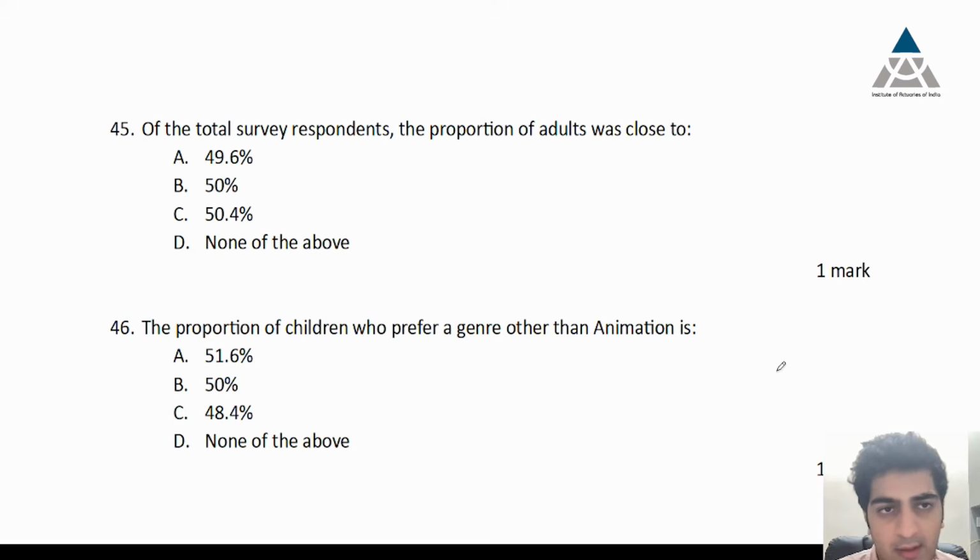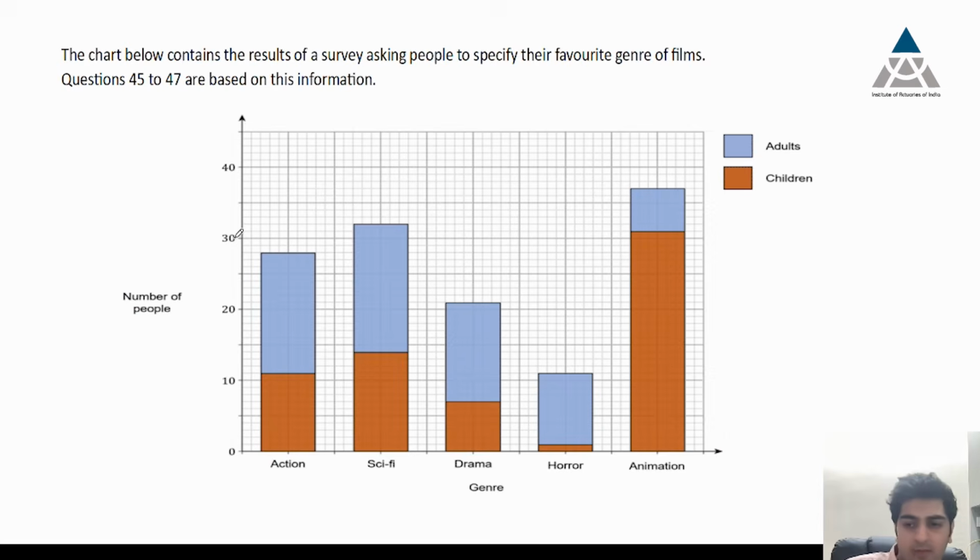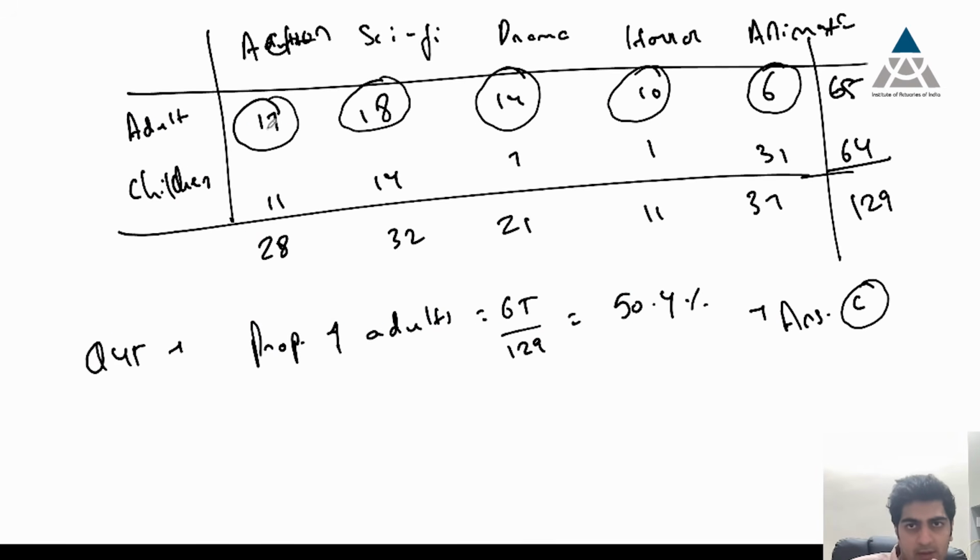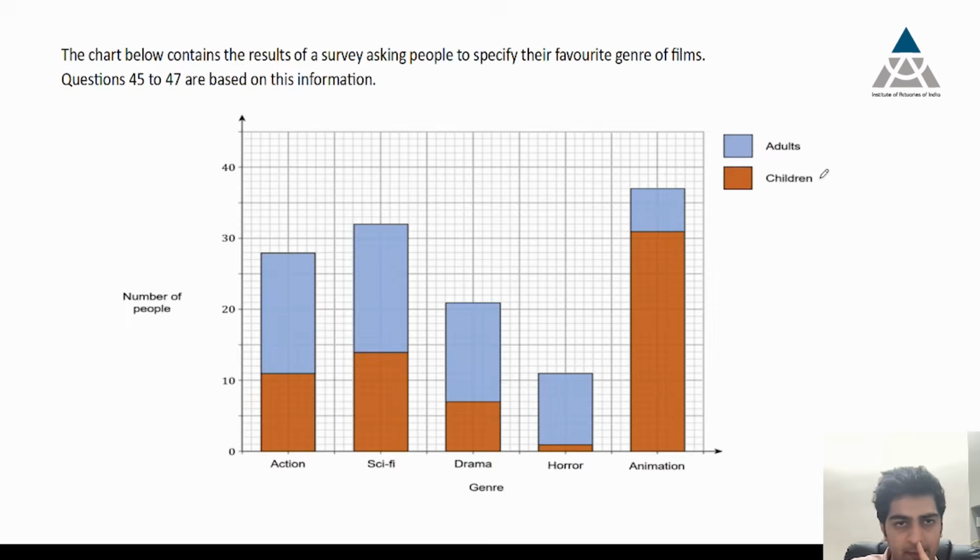And you can see the options now: 49.6, 50, 50.4, which means the options are very close. So even if you get one of these numbers incorrectly from the chart, you will get a wrong answer, and that means in an MCQ simply 0 marks. So be very careful when you create this table. Look at the table twice and thrice, so just ensure that you've got it correctly.